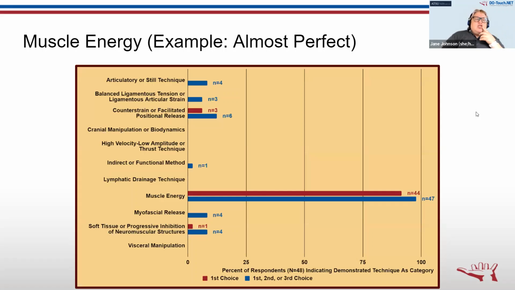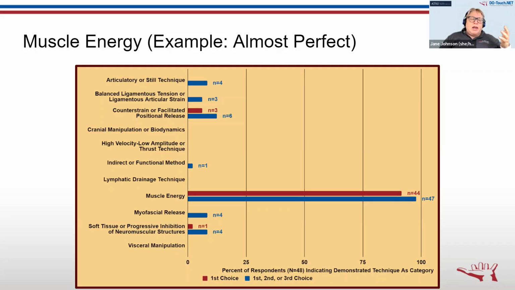So this is the muscle energy. This was an example of almost perfect agreement between what the respondents said the technique was and what the demonstrator said it was. The red bars are what percent of respondents said this video was demonstrating muscle energy as their first choice.